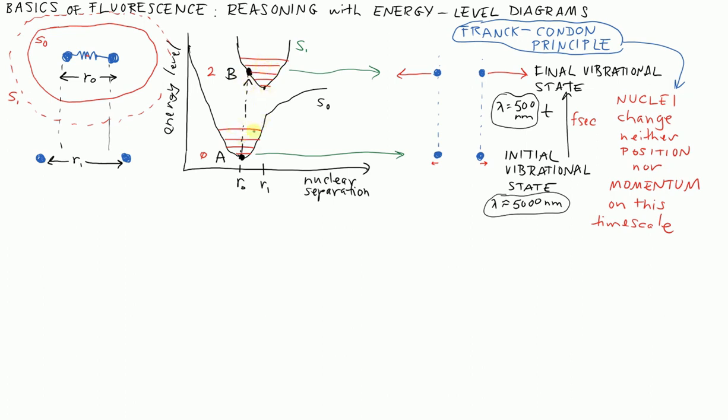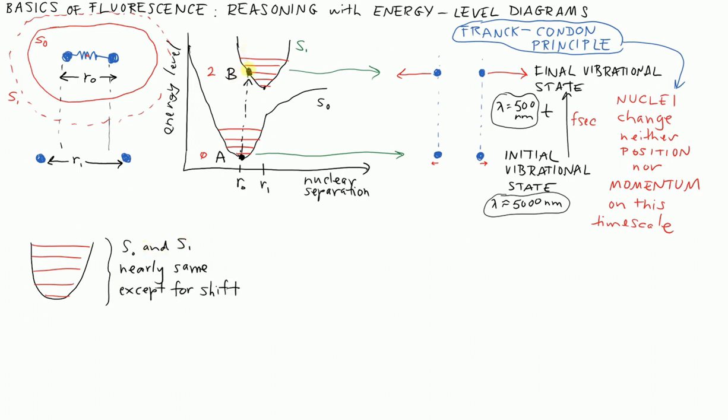But aside from this sideways shift, the bond strength stays about the same. It's just that the internuclear separation equilibrium changes a little bit. And that means that we're basically saying these two overlap each other very closely, that the level structure in both of them is essentially the same.